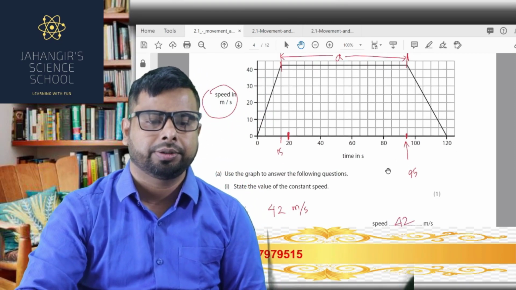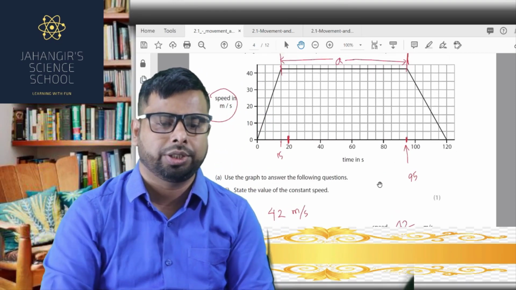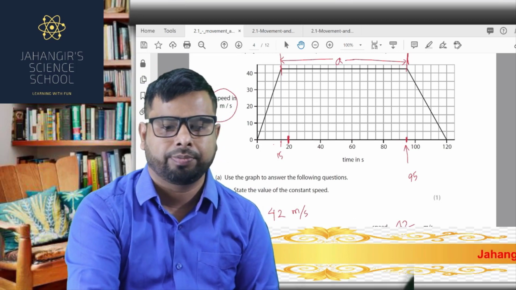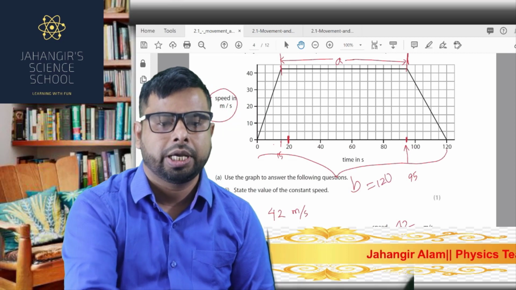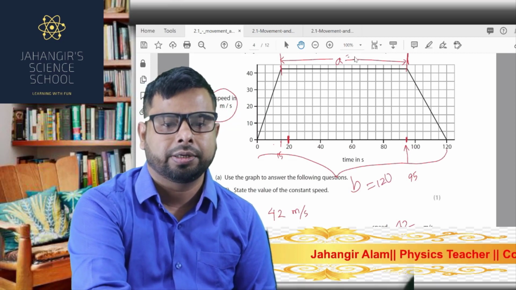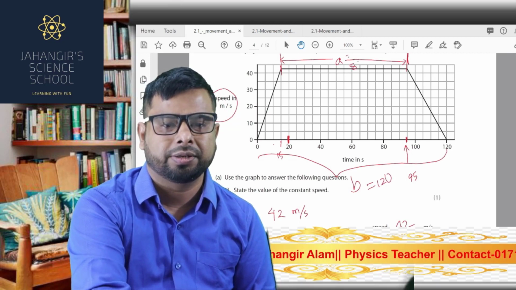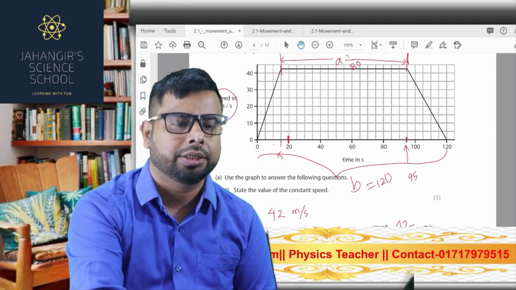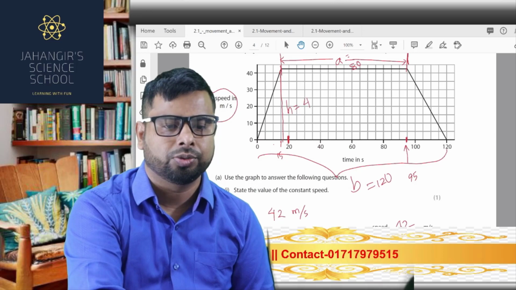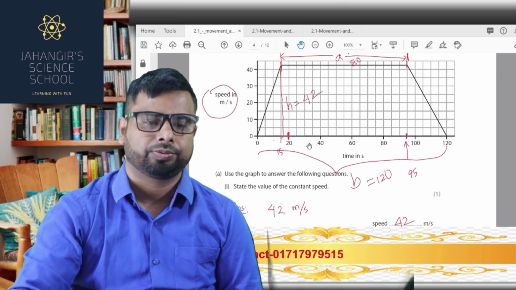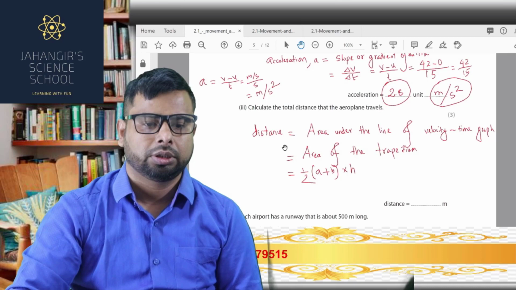A is 80 and B is 120, because here it is B. B is 120 and A is 80. And the height is 42.